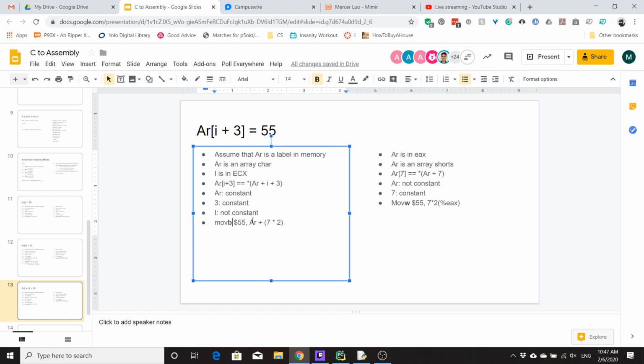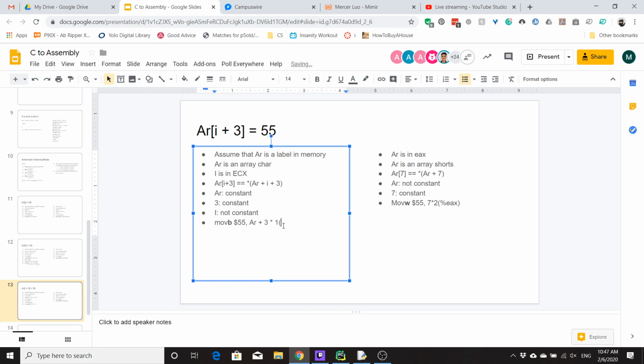We're still moving the value 55. Again, what parts of this expression are constant? Well, the AR is constant and the 3 is constant. So AR plus 3, that's a constant expression. What do I need to multiply the 3 by? 1, right? I'm just putting it there so that you know it's a consistent pattern, but you could just write 3, of course, because 3 times 1 is 3.